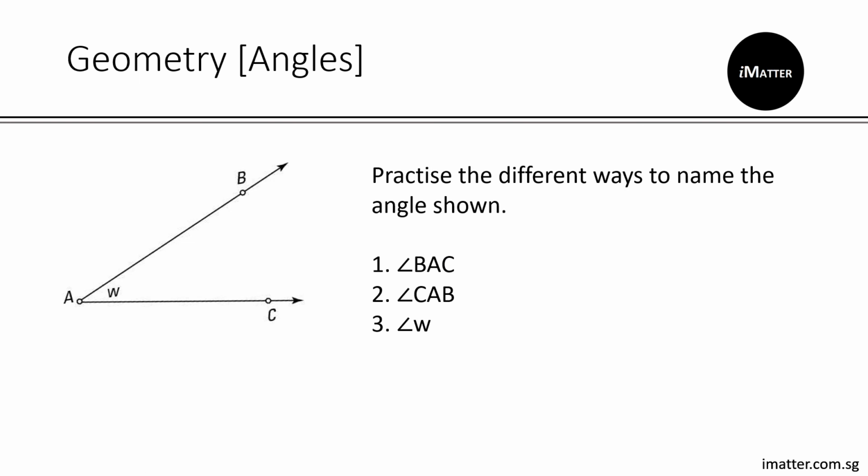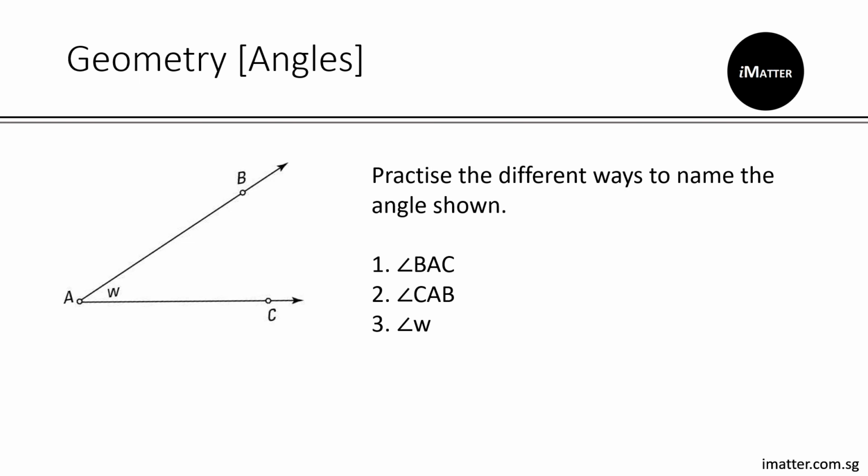Now this is when you use capitalized letters. If you use smaller letters, you can put it as angle W. However, you can only use this when the angle is being specified and there is another letter at the point that you want to refer to.